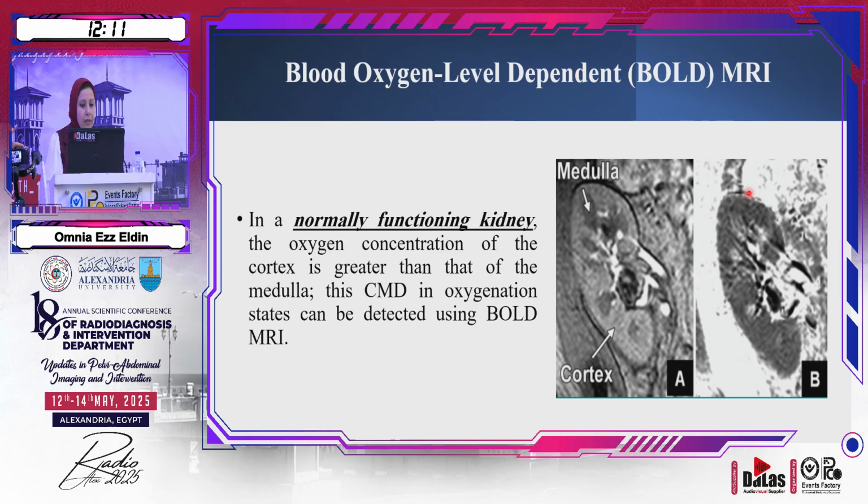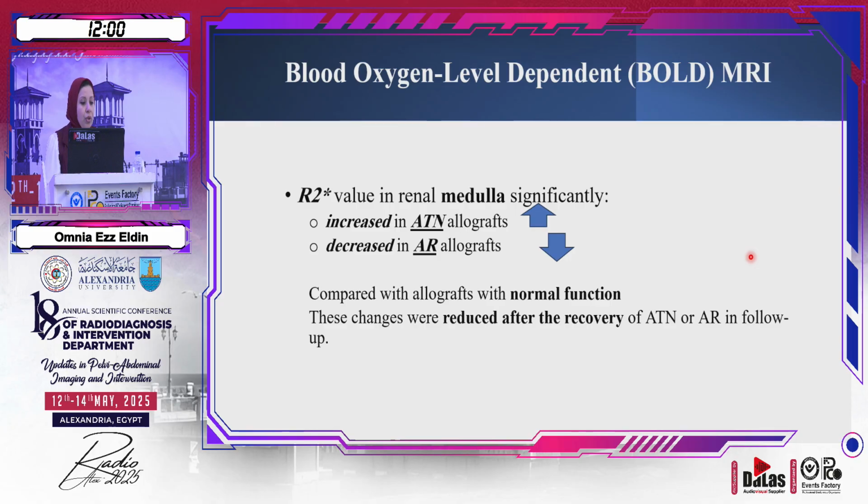In a normal functioning kidney, we can see here the R2 star map, and we can see the corticomedullary differentiation on an oxygenation basis. Most of the studies revealed increased R2 star values in the medulla in ATN, and in acute rejection it showed decreased values, compared to the normal functioning grafts.